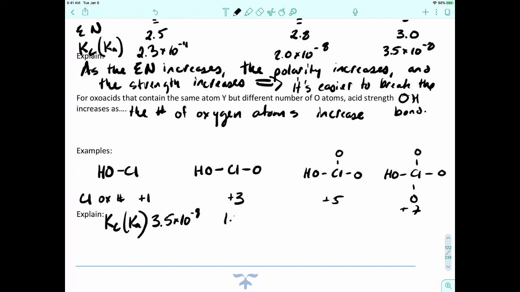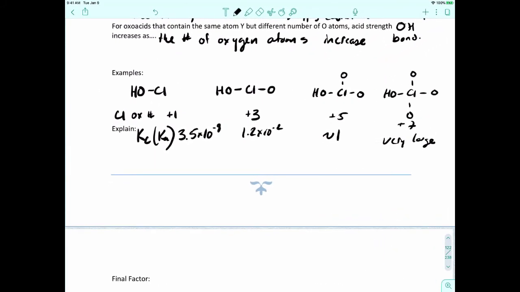The second one is going to be 1.2 times 10 to the minus second. The third one is going to be around 1. And then the fourth one is going to be very large. So what it seems like is that as we keep increasing more and more oxygens, the reaction is definitely favoring product formation. Okay, so let's explain the data that we're seeing here.